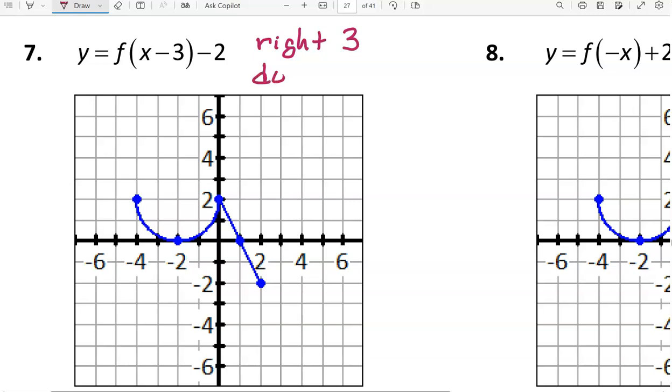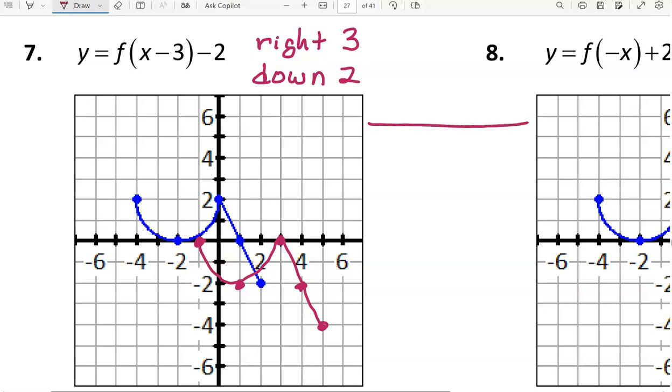We're going to subtract 2 from the y variable, and that means that we're going to move the graph down 2. So you can just simply take every point and move right 3 and down 2. And connect the points to form the new graph.